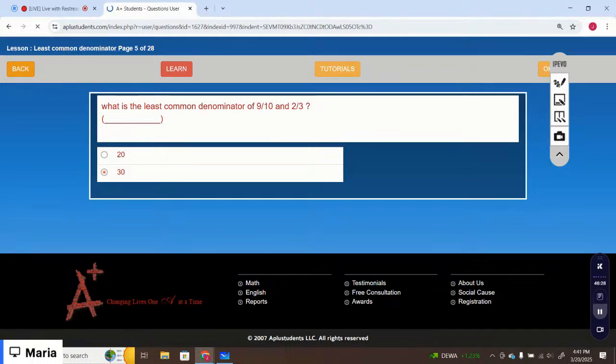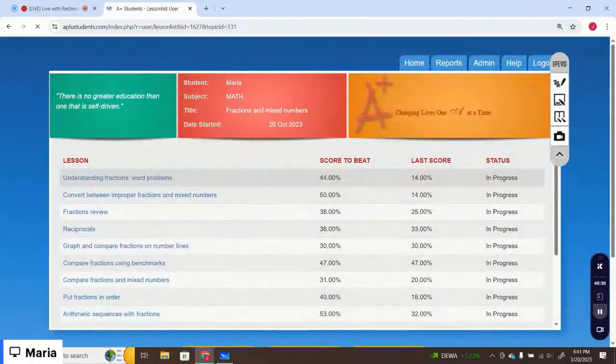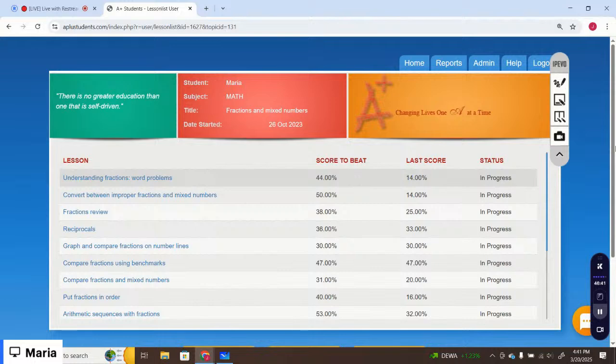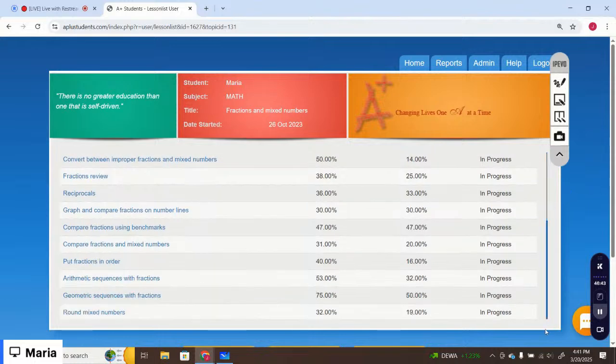So we are working on grade 5 math, which is fractions and mixed numbers.